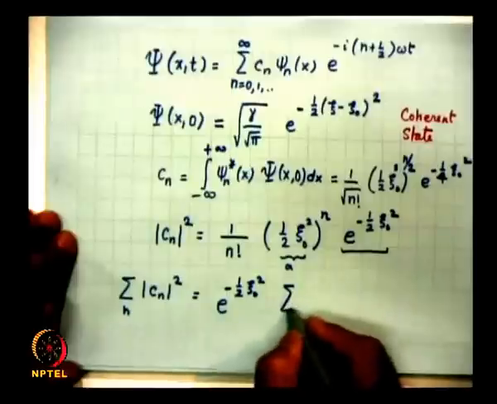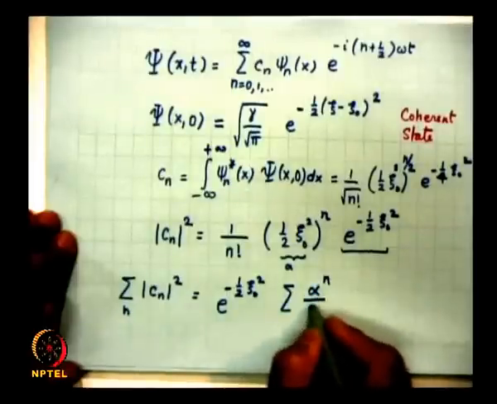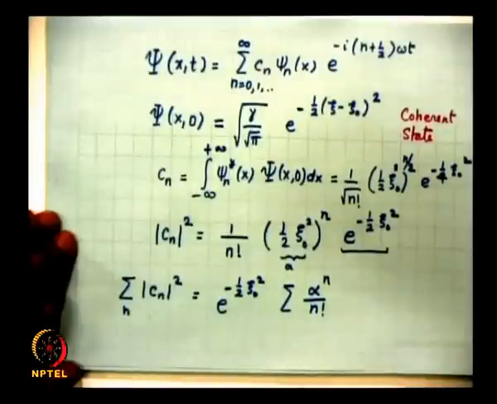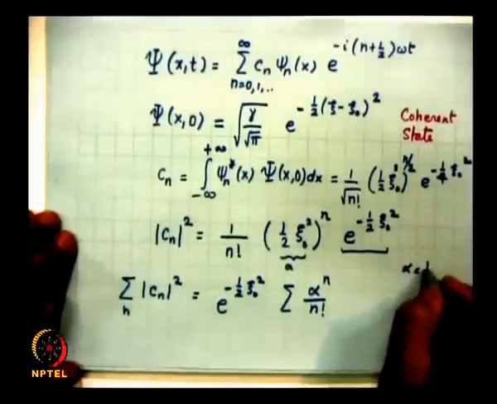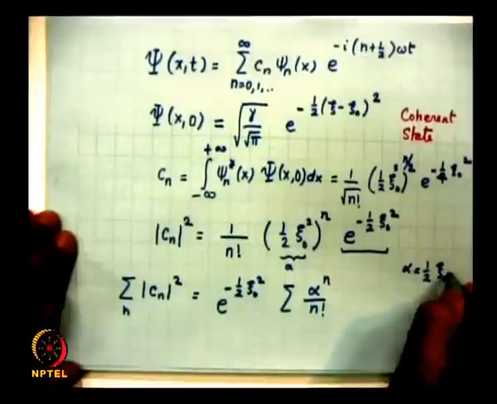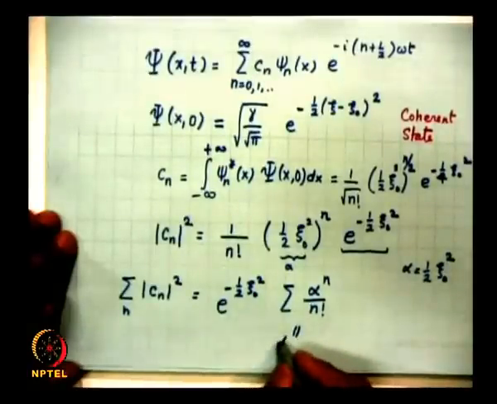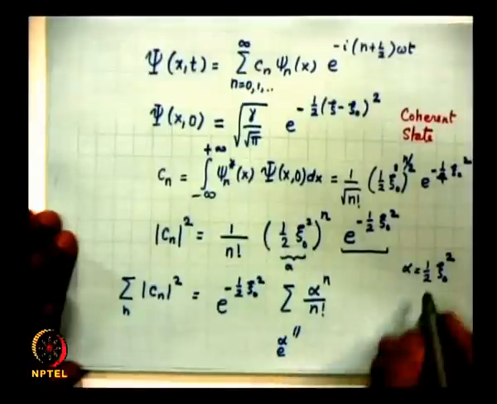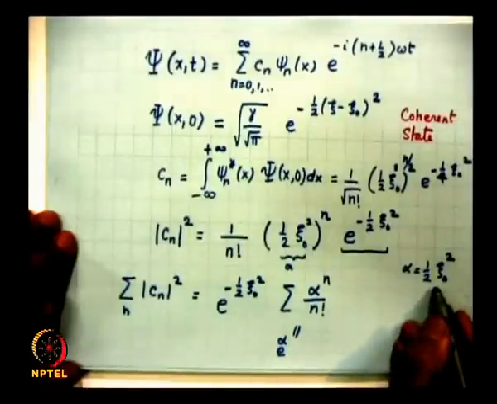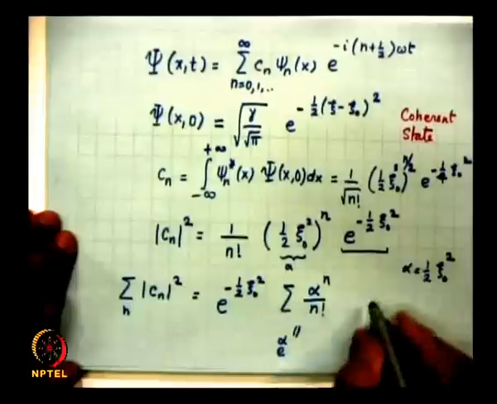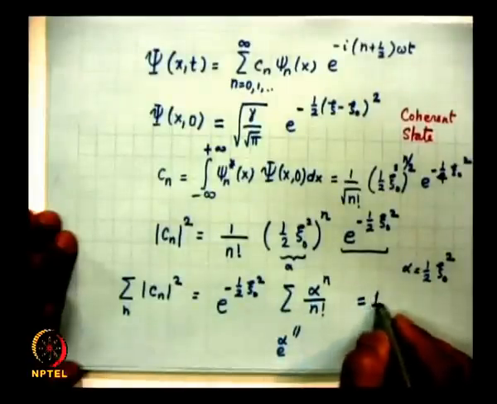This will be alpha to the power of n divided by n factorial, where alpha is equal to half xi 0 square. So, this is just e to the power of alpha, or e to the power of half xi naught square. That will cancel out with the outside factor and you will get 1.